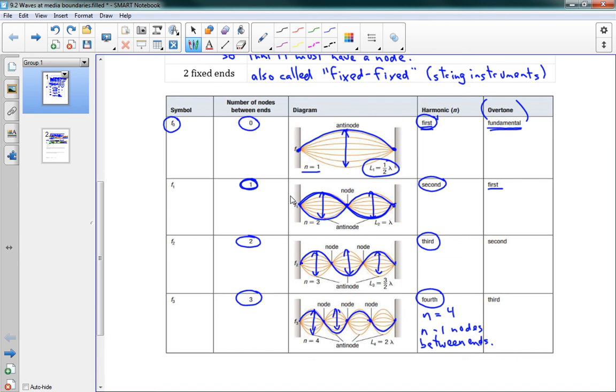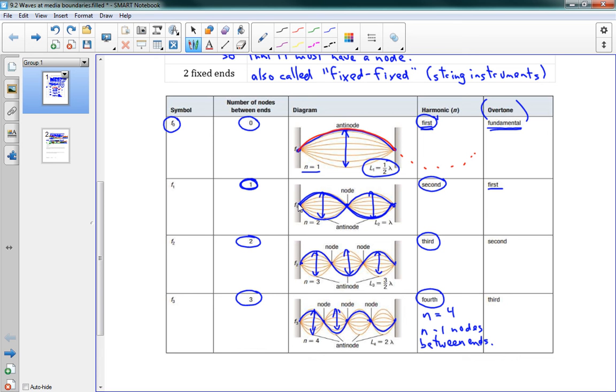It has one full wavelength on that string. Whereas if I look in my first one here, like this, that only has half a wavelength. And if I really wanted to complete that, I would need to continue it like this to get one full sine wave.